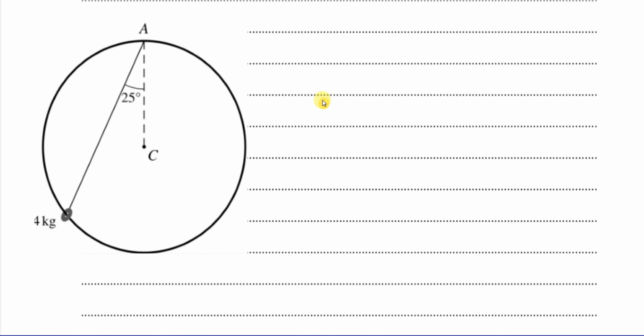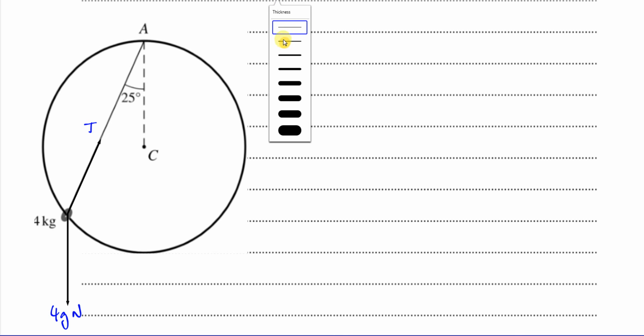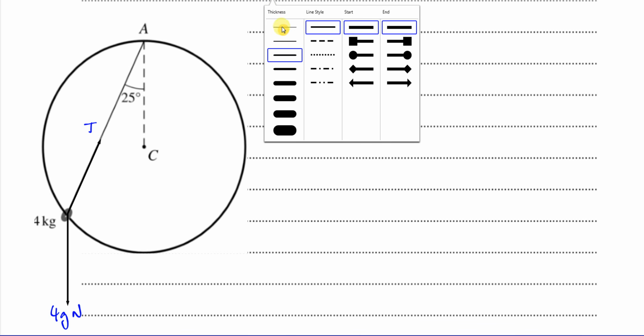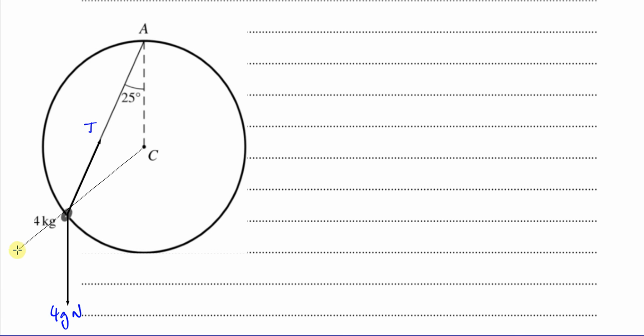So what I'm going to do is I'll draw the forces again on this as we had before. So we have our weight, which is 4g newtons, and then I'm going to draw the tension in the string, which we're going to call T. And then if I draw a thin line along from C, joining 4G and continue on, the reaction force is going to act along this, as we mentioned.